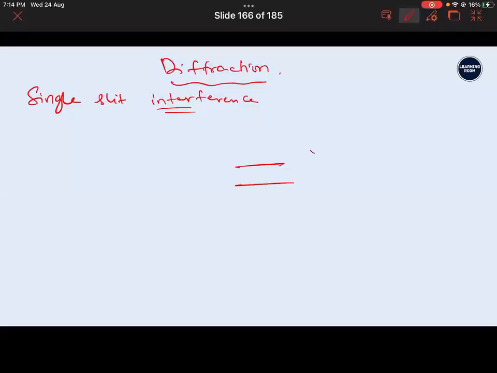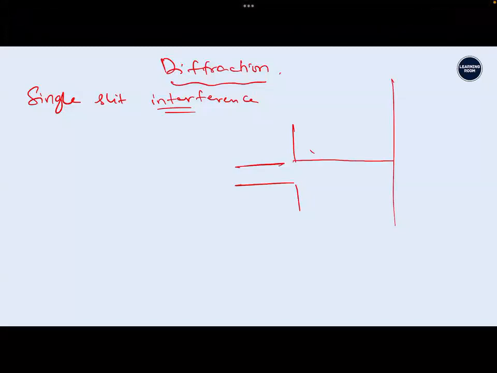Let's say there is a scenario like this. Light is being passed through an opening, and you have a screen here. What do you generally expect? You expect the light to go and fall like this, and you expect only that area to be bright.